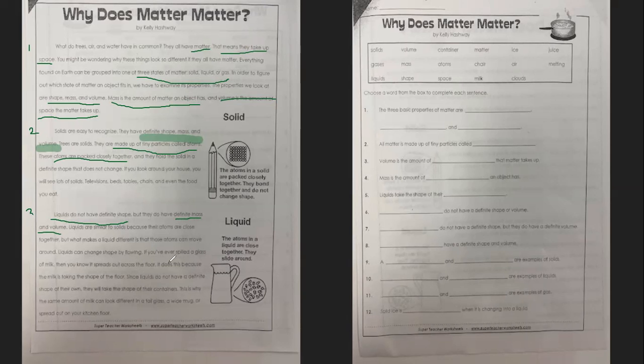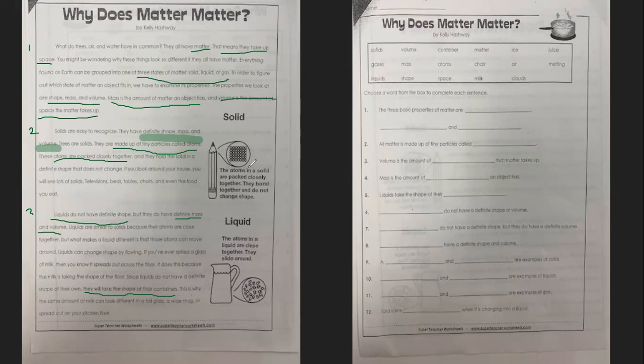If you've ever spilled a glass of milk, then you know it spreads out across the floor. It does this because the milk is taking the shape of the floor. Since liquids do not have a definite shape of their own, oh, this might be good, they take the shape of the container. That is why the same amount of milk can look different in a tall glass, a wide mug, or spread out on your kitchen floor.